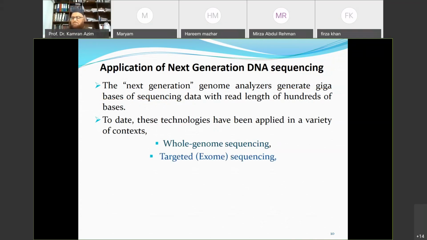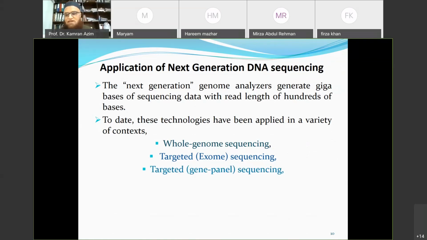And if we are interested only in the exonic region which codes for amino acids in proteins, called the exome, and we want to sequence all of the coding region, this is also called targeted sequencing, and it can also be carried out by next generation DNA sequencing.